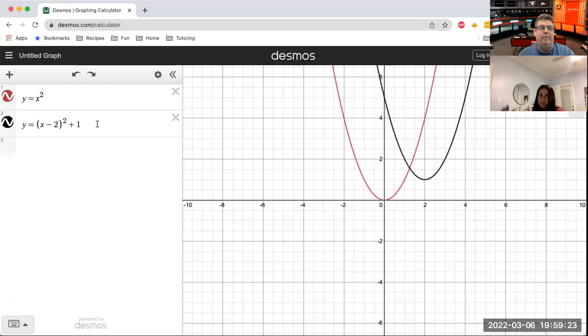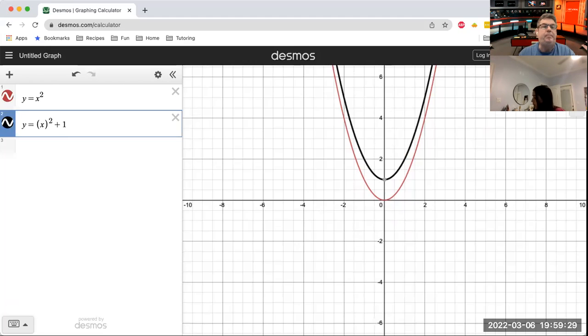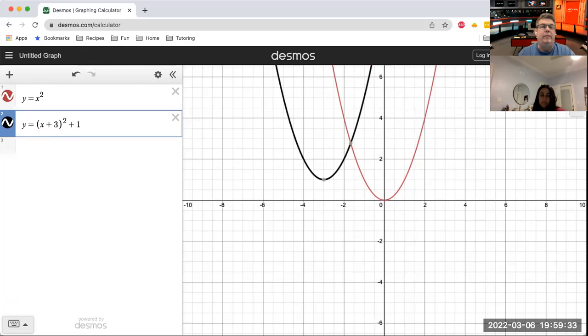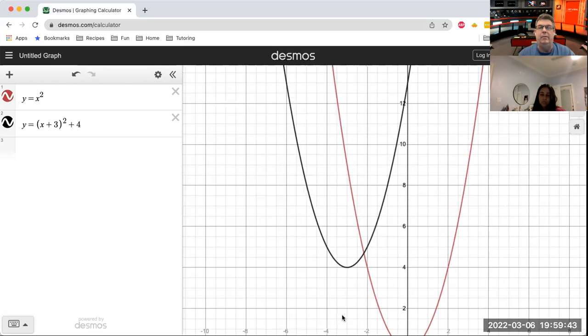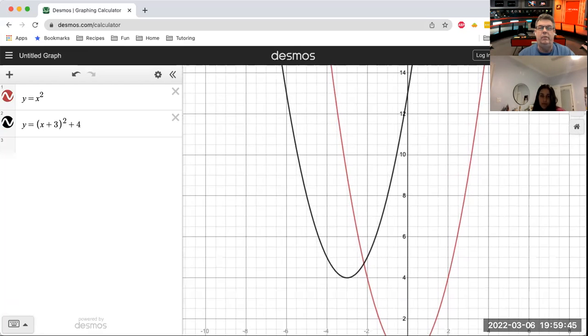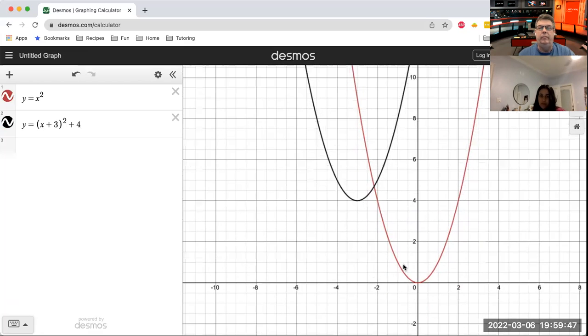Exactly. So now what was the next one? It was plus 3, and then plus 4. So if I pull it down, you can get a better picture of it. Because you went left 3, because up 4.